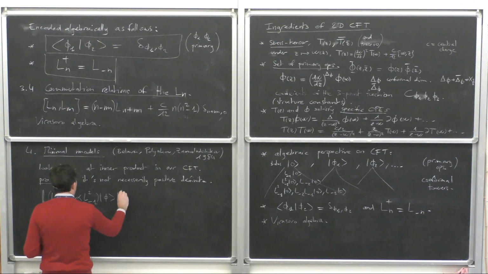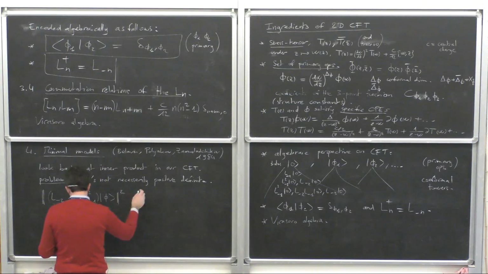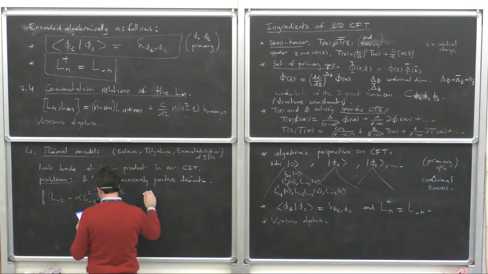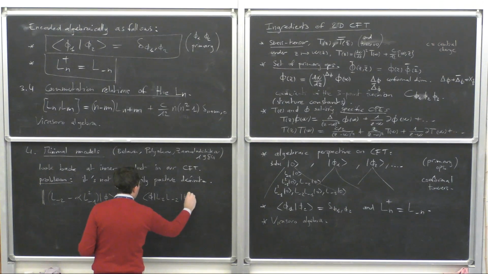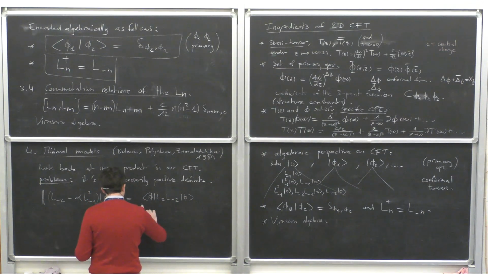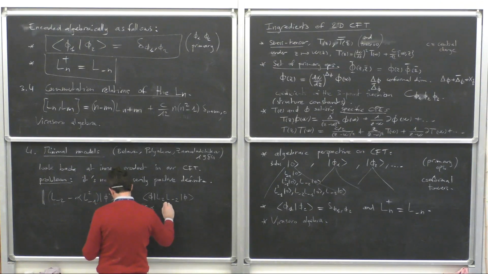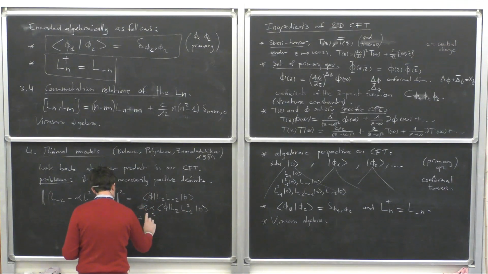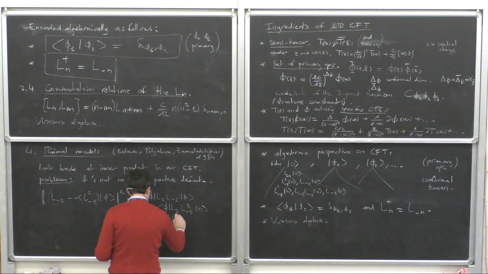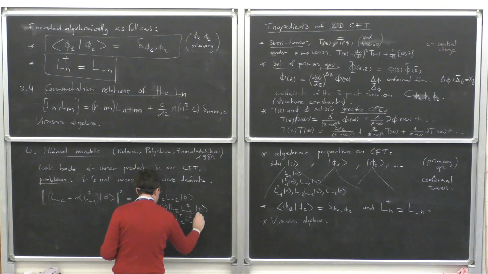This squared norm you can compute using the commutation relations of the Virasoro algebra, and let me just give you the formula. You see this will be a sum of three terms: <phi| L_2 L_{-2} |phi>, minus 2 alpha <phi| L_2 L_{-1}^2 |phi>, plus alpha squared <phi| L_1^2 L_{-1}^2 |phi>.